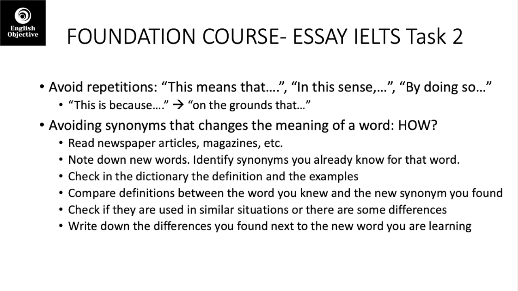Another one could be: television is a highly entertaining medium. This means that it can also be an excellent educational tool. Instead of saying that, I could use a linking word. So, television is a highly entertaining medium in addition to being an excellent educational tool.